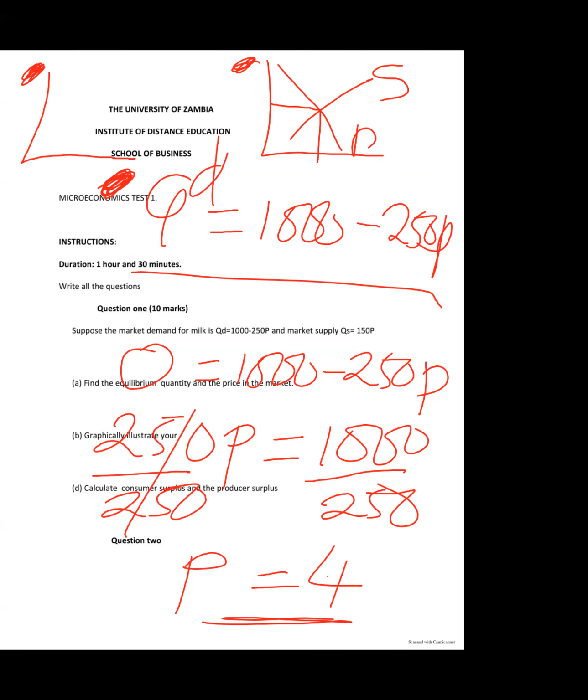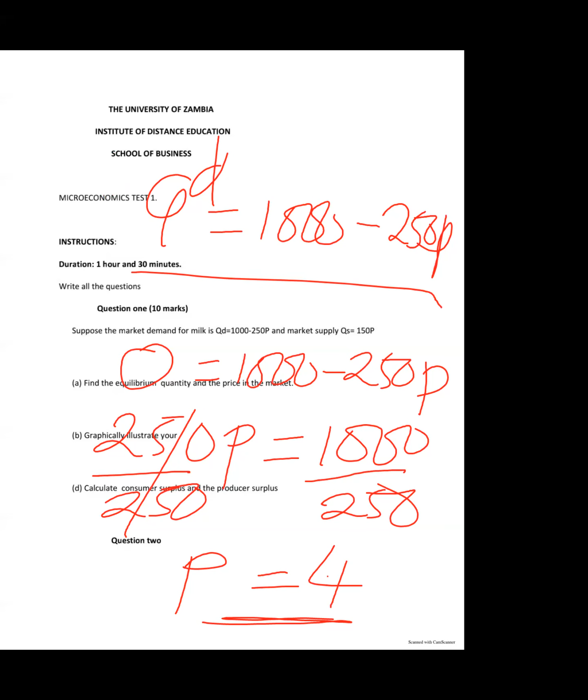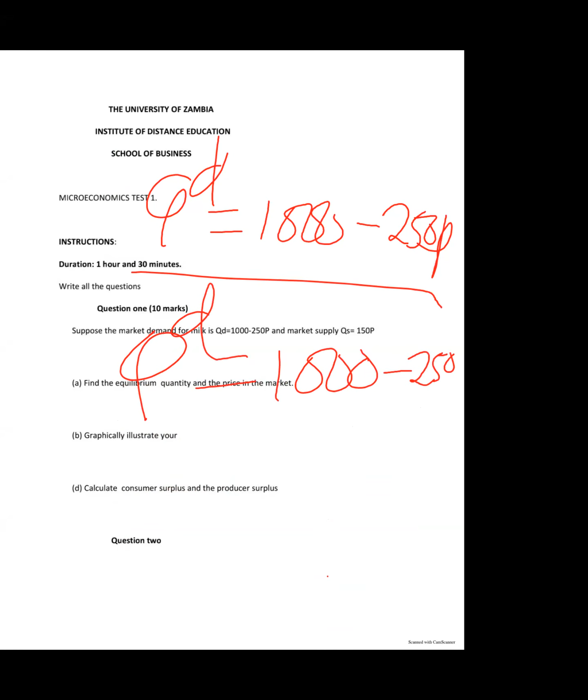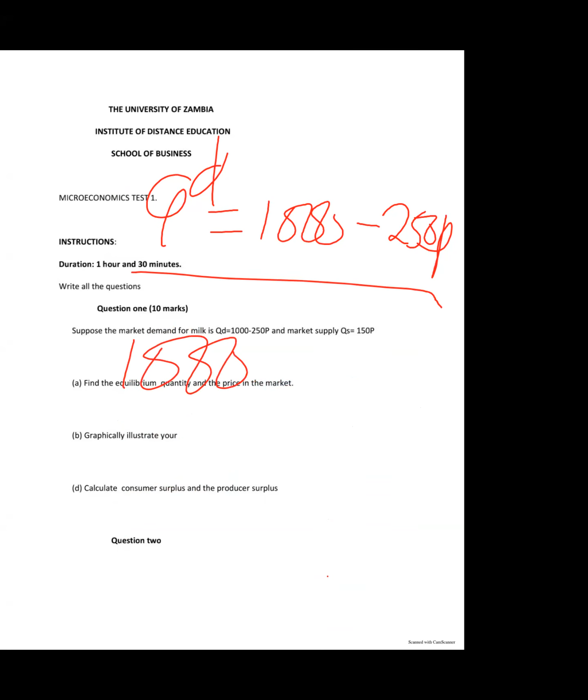So what are we going to do? We're going to use the same equation, but now we set price equal to 0, leaving quantity the way it is. So you will say quantity demanded is equal to 1,000 minus 250P, and we set P equal to 0.